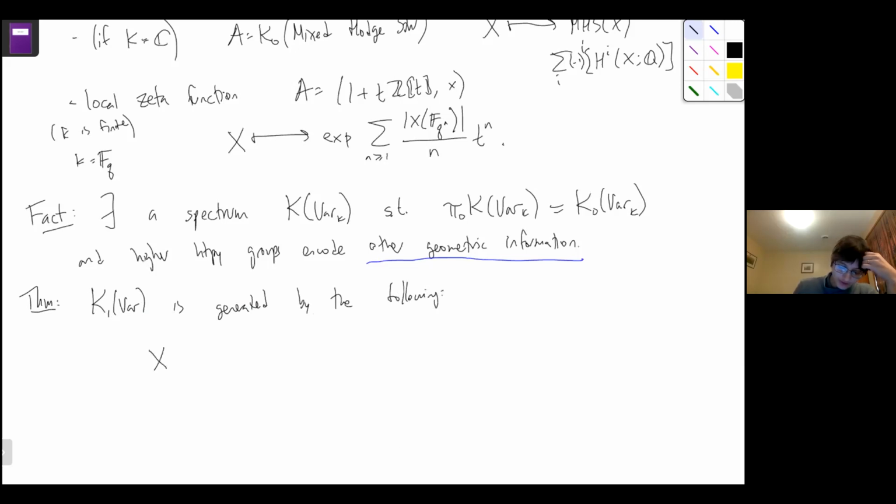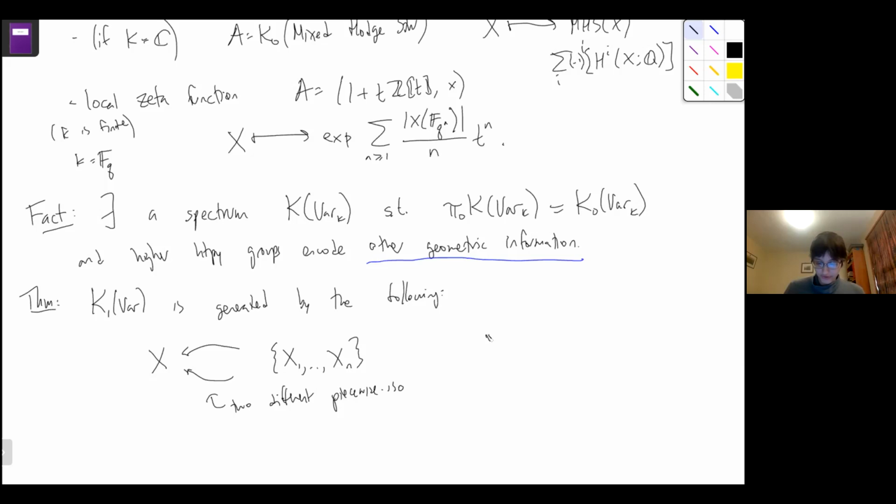You take a variety X and you take a decomposition of this into finitely many pieces, X_1 through X_n, and you take two different piecewise isomorphisms. So really what this is, it's two different ways of splitting X up into the same pieces.